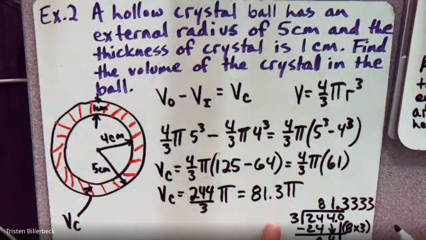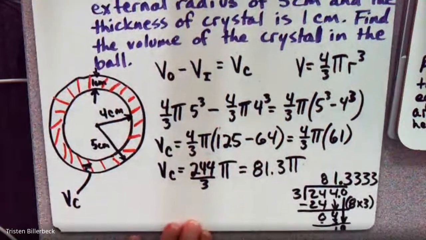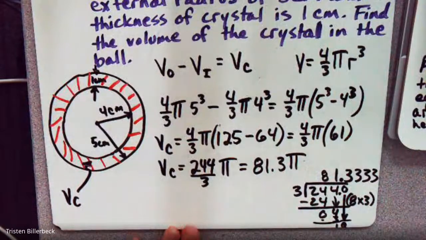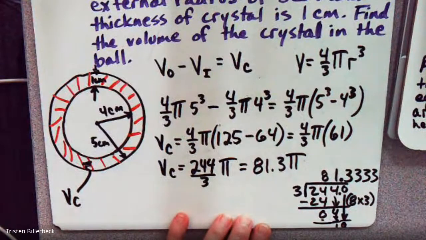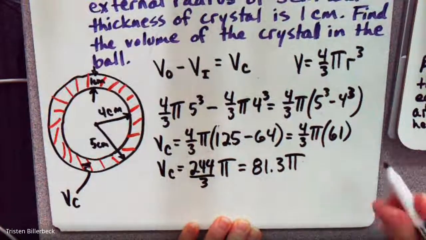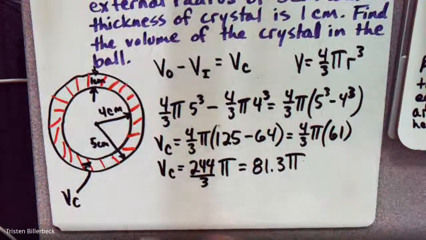Okay, if we want to go a step further, we can multiply pi out. So let's do that to practice some of our multiplying. Pi equals 3.14.